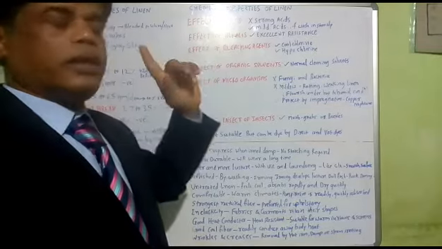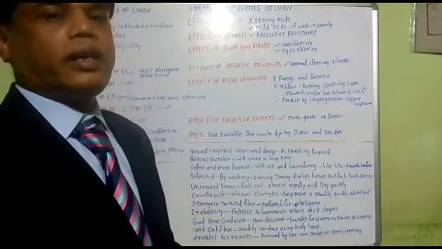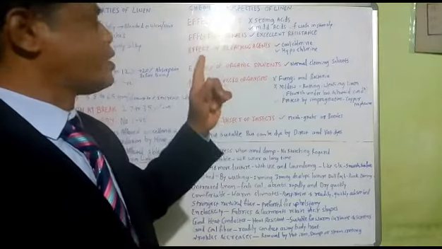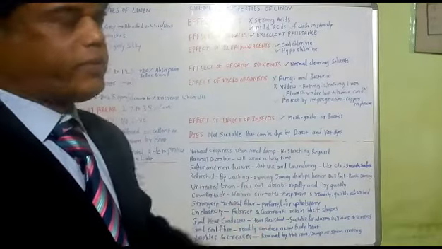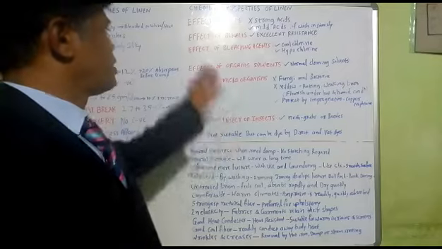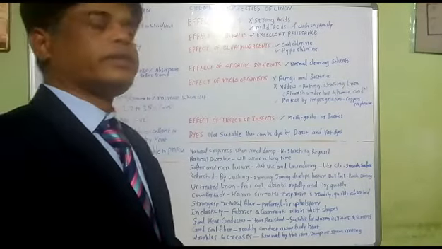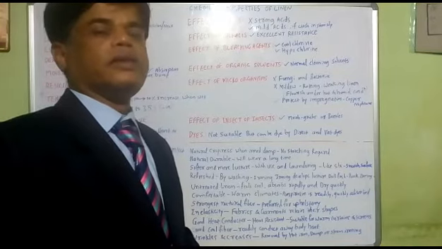So linen will resist weak acids, but stronger acids will spoil the fiber. In case of alkalis, yes, alkalis are good, it will resist any normal alkalis.